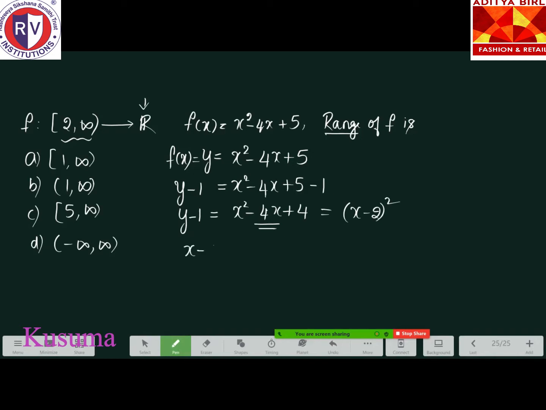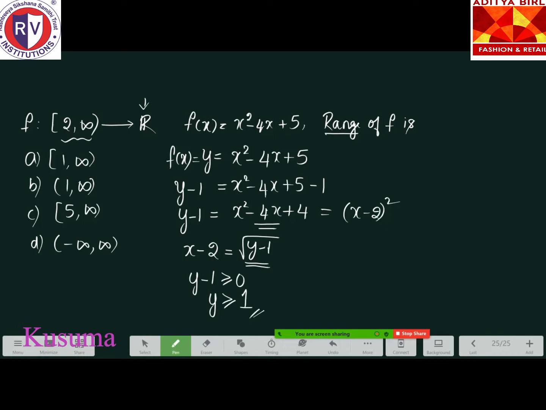Yes, ma'am. So what will be x minus 2 then? Root of y minus 1. And once again, this is an expression under the root. So this must be positive. So my y minus 1 must be greater than or equal to 0, or y will be greater than or equal to 1. So what are the images we get when we substitute the values between 2 comma infinity in the given function?